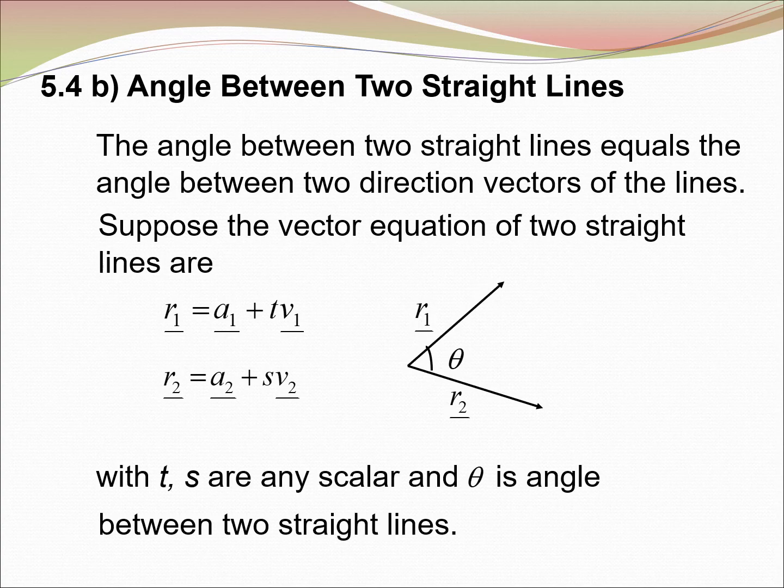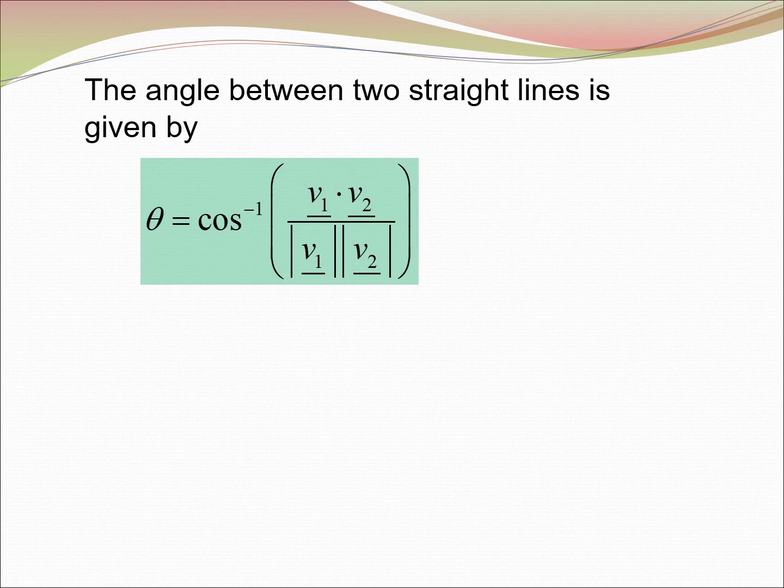Here t and s are any scalars, and theta is the angle between the two straight lines. The angle between two straight lines is given by theta equal to arccos of v1 dot v2 over magnitude v1 times magnitude v2.